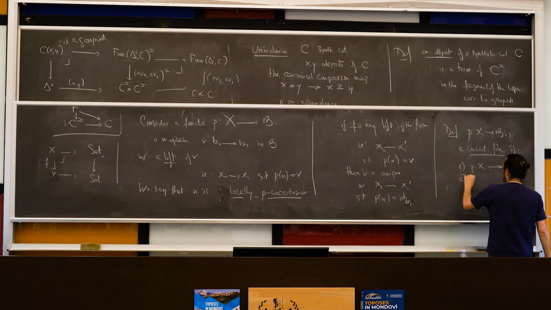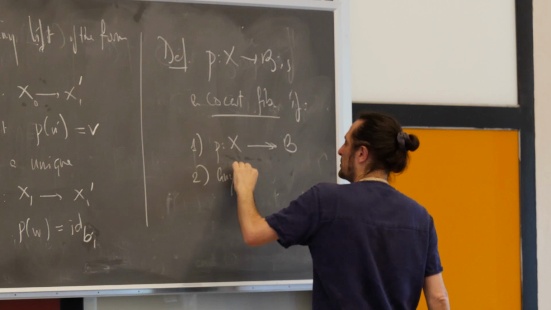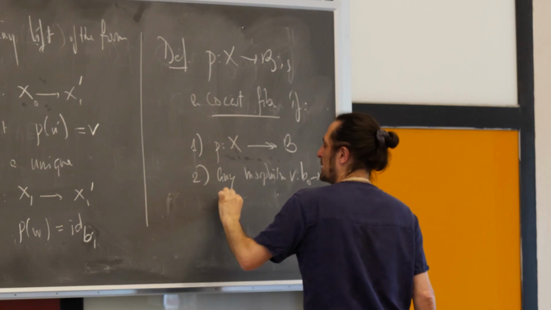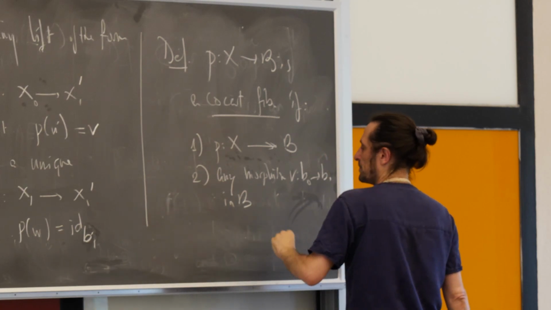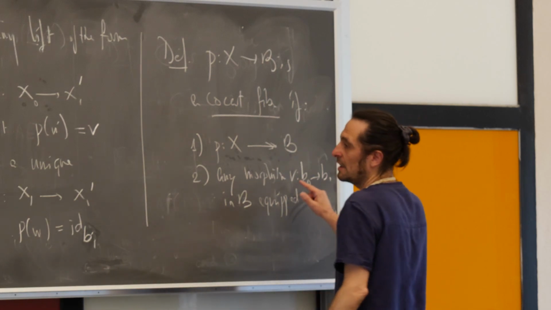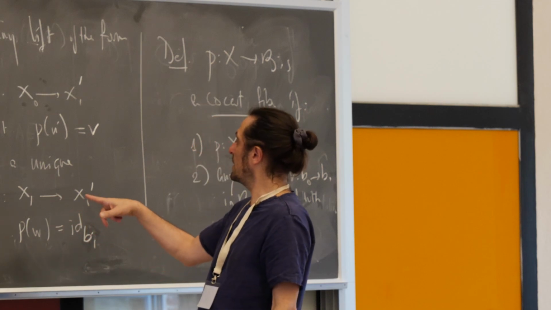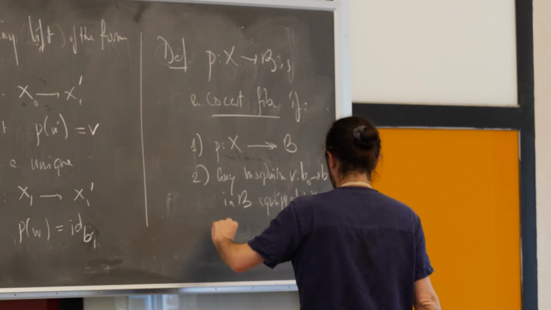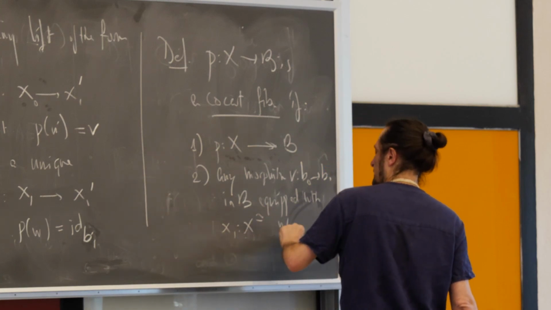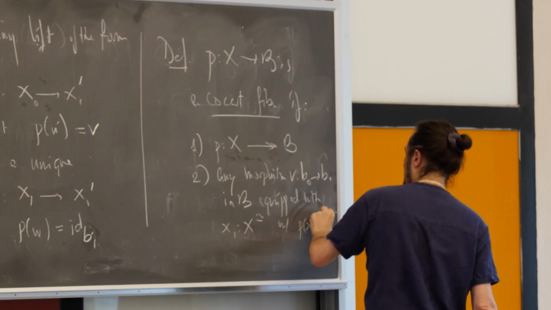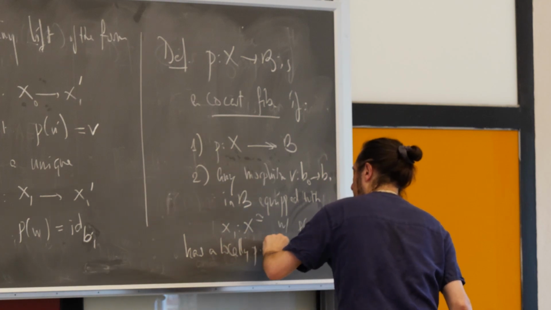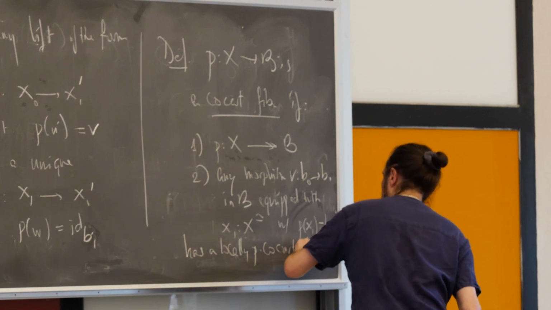And then the important thing is that any morphism V from B0 to B1 in B, equipped with a lift of x1, such that it has a locally P co-Cartesian lift.